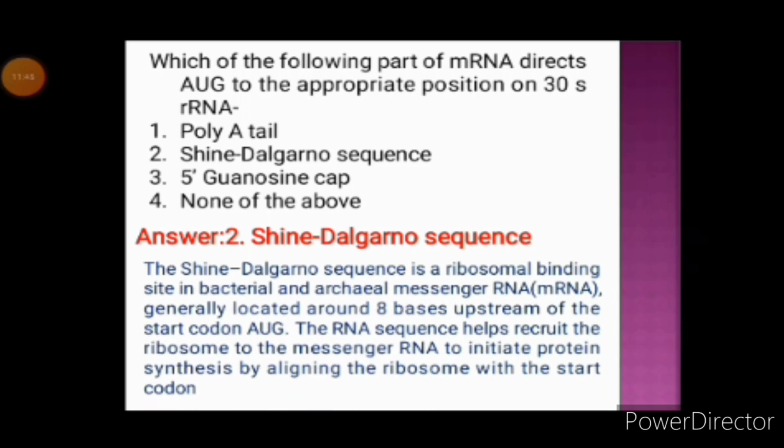The Shine-Dalgarno sequence is the ribosomal binding site in bacterial and archaeal messenger RNA. It is generally located around 8 bases upstream of the start codon AUG. The RNA sequence helps recruit the ribosome to the messenger RNA to initiate protein synthesis by aligning the ribosome with the start codon.